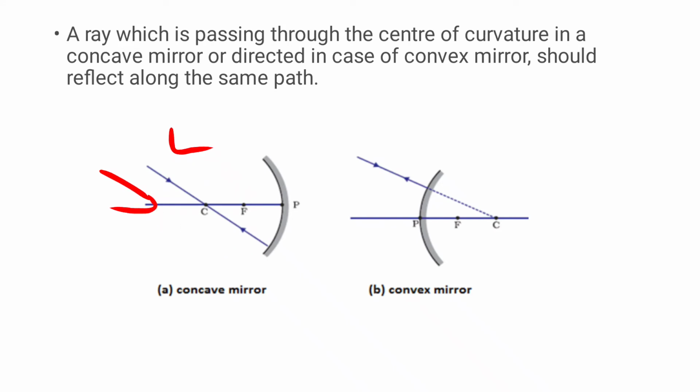In the same way, in convex mirror also, the incident ray is coming in this way and again reflecting back through the center of curvature. This is the third rule of drawing ray diagrams in spherical mirrors, and if you understand these three, it will be very simple for you to draw the ray diagrams in the mirror.